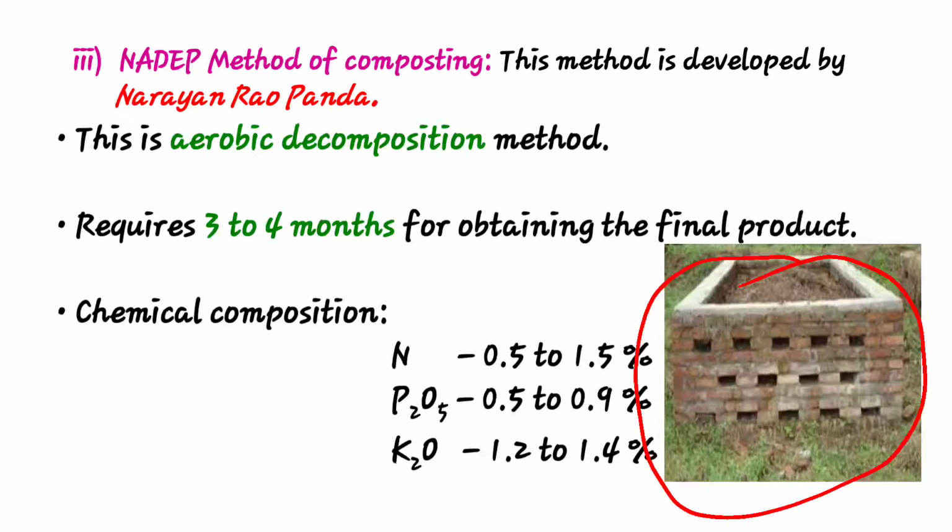Then the first layer of plant residue is spread evenly to a thickness of 6 inches, using 100 to 110 kg of material. Then the second layer of cattle dung or gobar gas slurry, about 4 to 5 kg in 125 to 150 liters of water, is spread on the first layer.